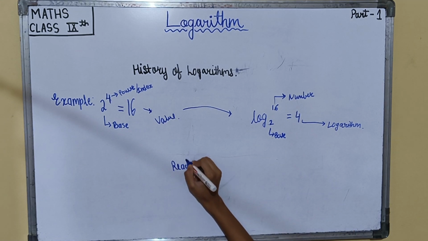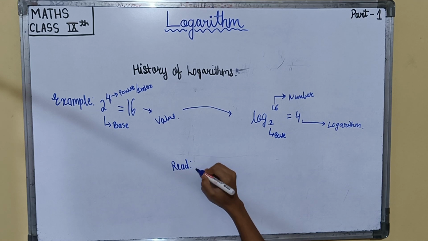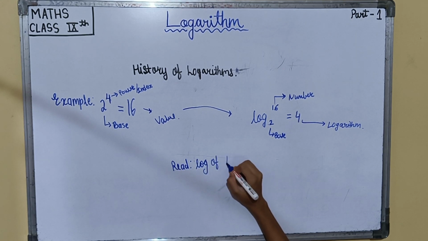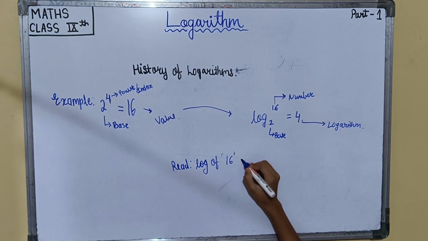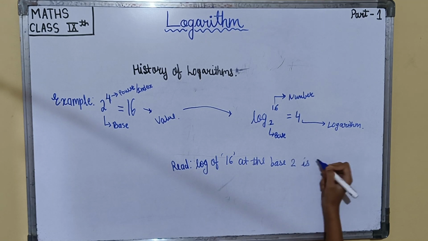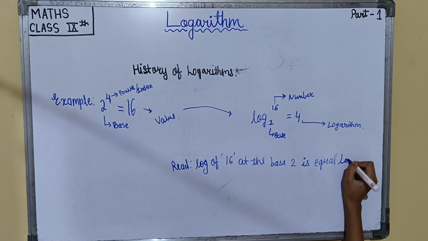So reading technique of this is log of 16 at the base 2 is equal to 4.